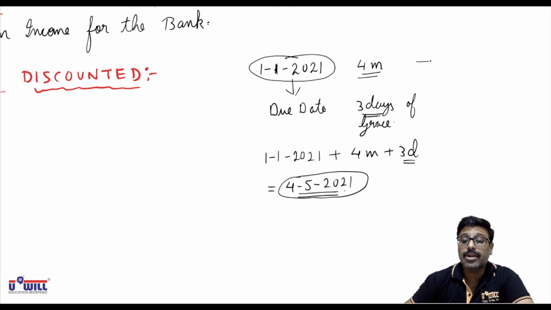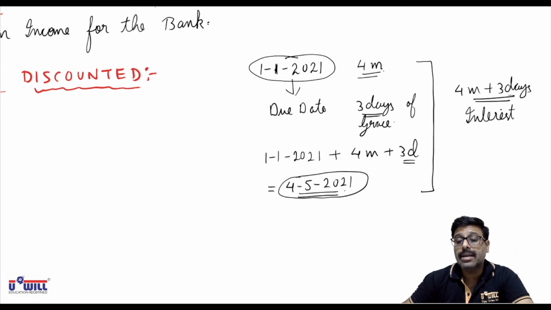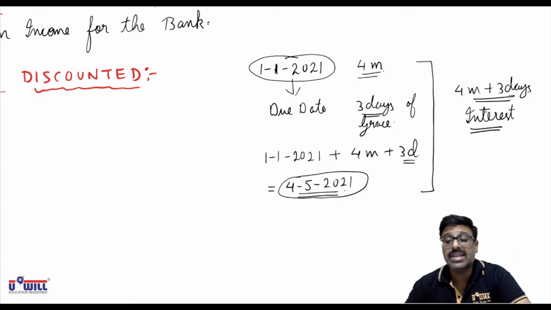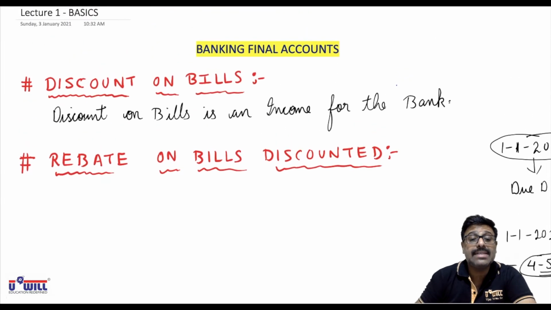So what would the bank do? The bank would charge interest for 4 months and 3 days, because the bank is giving the money in advance. This interest is what is called discount on bills, which we consider as income for the bank.